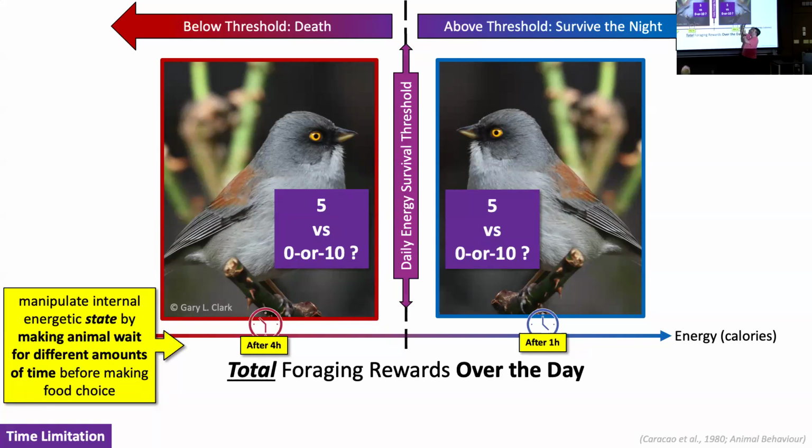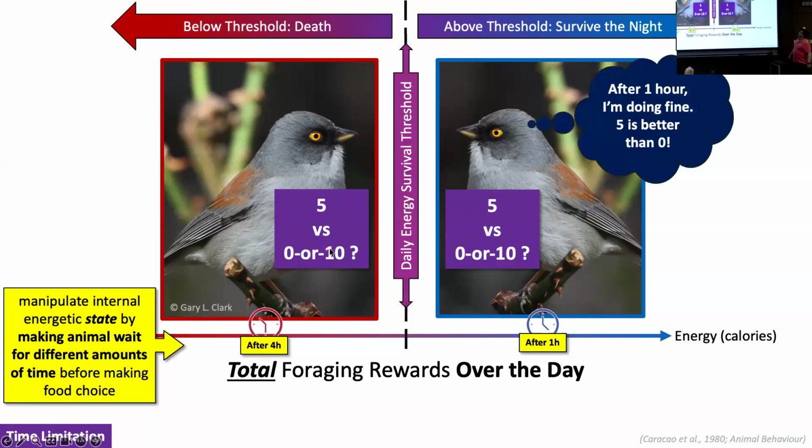And so you can give the severely starved junco the choice, or the moderately starved junco the choice, and see if there's a difference in their choices. At some point, do they choose the one that has variable rewards? That's the question here. So you might predict that this junco, if it's average, like how well it's doing right now, is above its survival threshold.